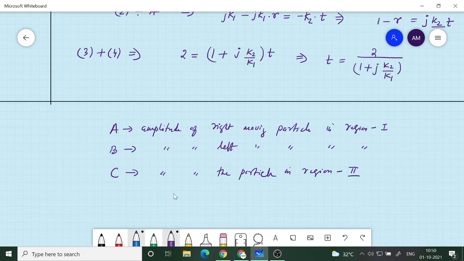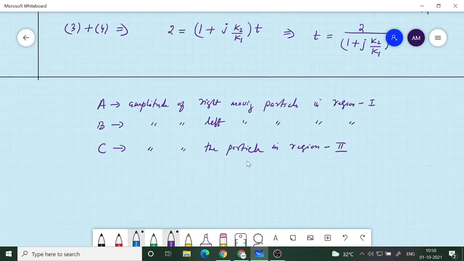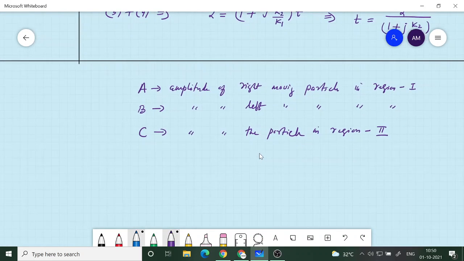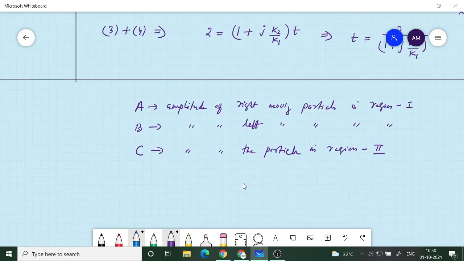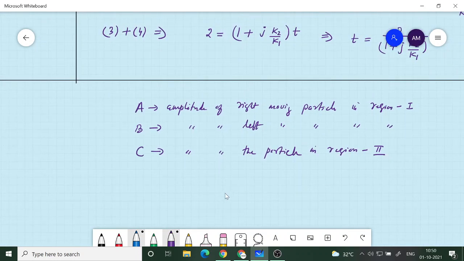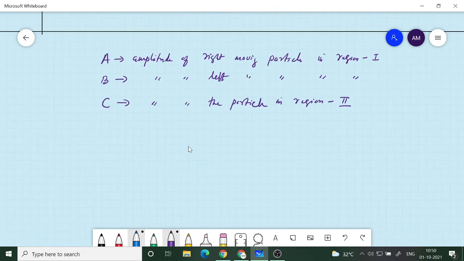It is just an exponentially decaying function. So you should say the amplitude of the particle, meaning the wave associated with the particle in region 2. So now if you know the amplitude, then we can talk about the amplitude square, which is basically giving us the probability density.